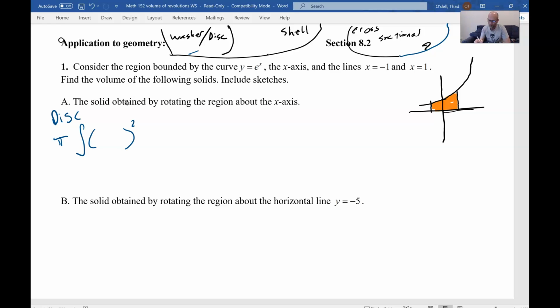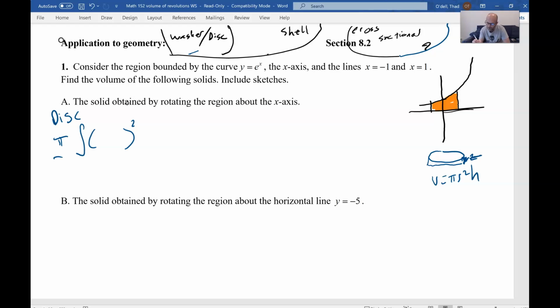Because remember, what you always want to ask yourself is what you're adding up: these little small disks, which are basically mini cylinders, and the volume of a cylinder is pi r squared times height. So the pi is right there, the r squared is the thing squared, and the h is this little thing here.